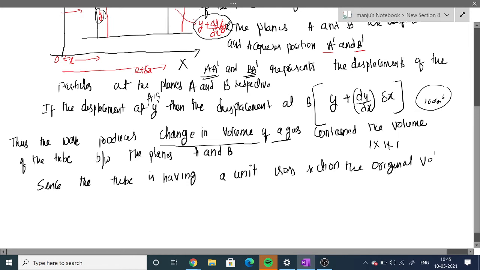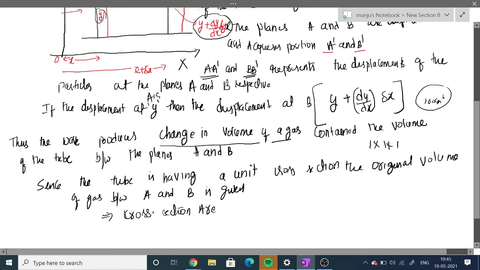The original volume of the gas between A and B is given as follows. The volume of a tube is the cross section area into the original length.